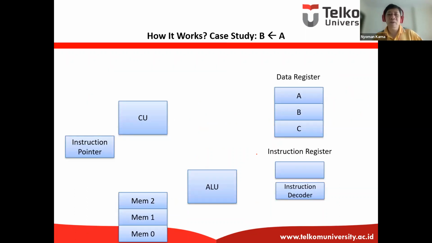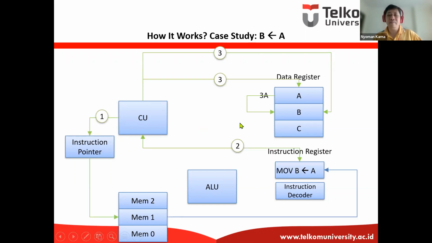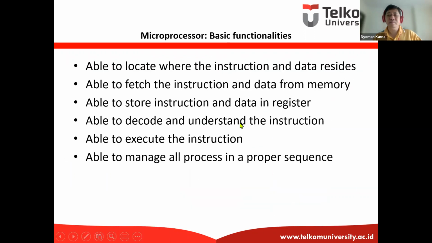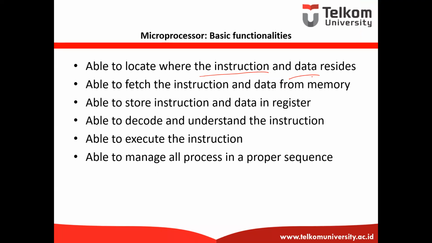Now, we will discuss how it works. So we're going to skip this one. Now, this is the flexibility of the microprocessor. First, the microprocessor is supposed to be able to locate the instruction and also the data, because we're going to store not just the data in the memory, but also the instructions, the program that we use to process the data.